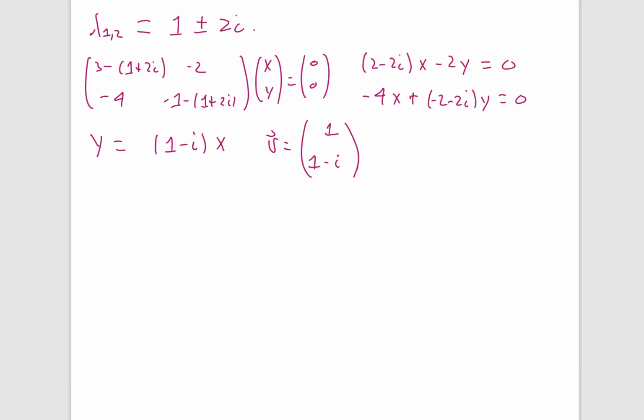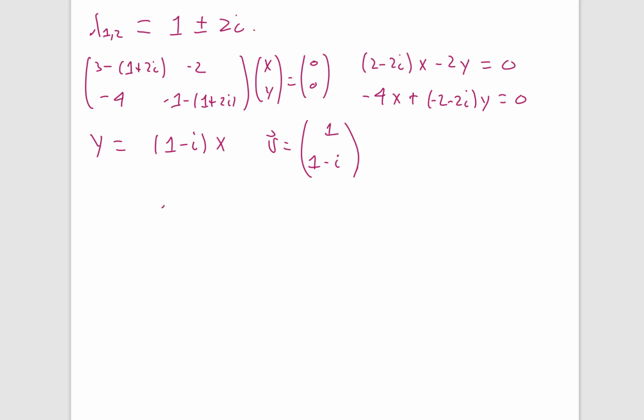We write this, so the general solution is going to be C1 times the real part of e to the lambda t v plus C2 times the imaginary part of e to the lambda t v. Okay, so now we need to find the real and imaginary part of e to the lambda t v. And to do that, remember, we use Euler's formula.